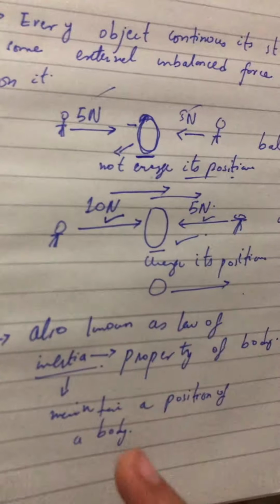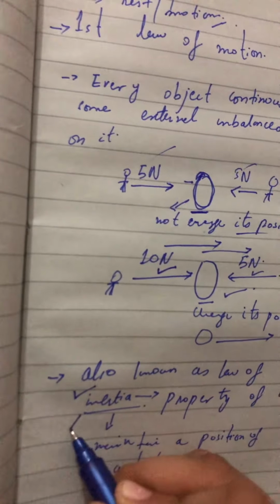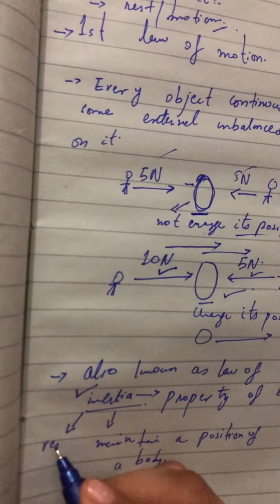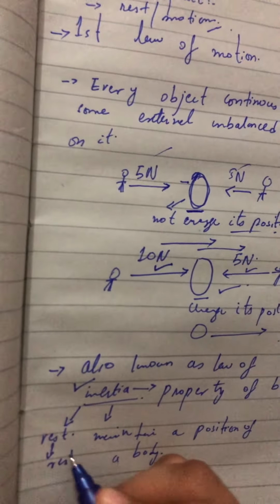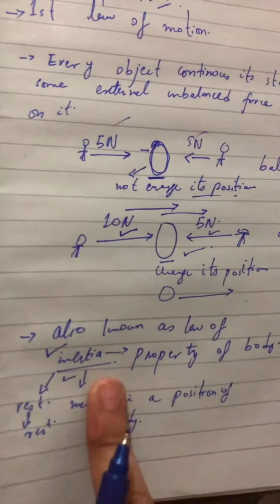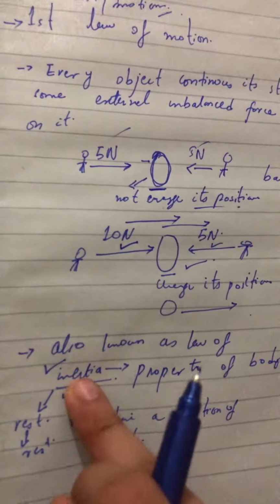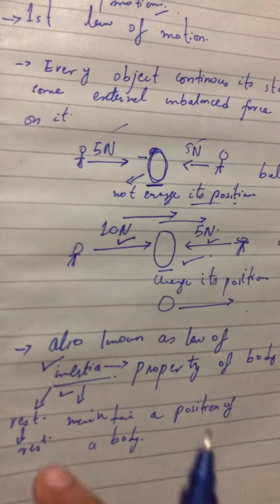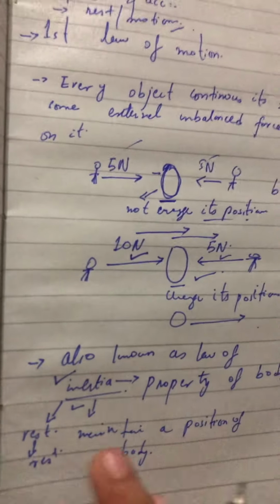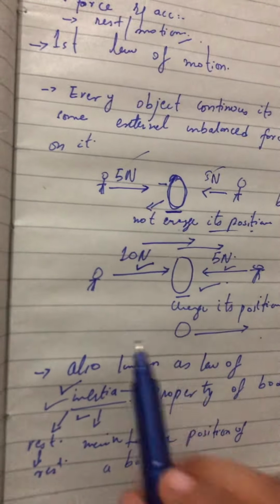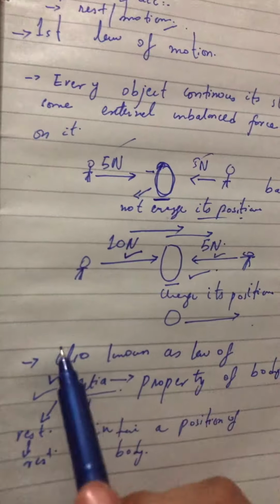For example, if one body is at rest, inertia will keep that body at rest. If one body is in motion, inertia will maintain that position in motion. That is also called inertia. So the first law of motion is also known as the law of inertia.